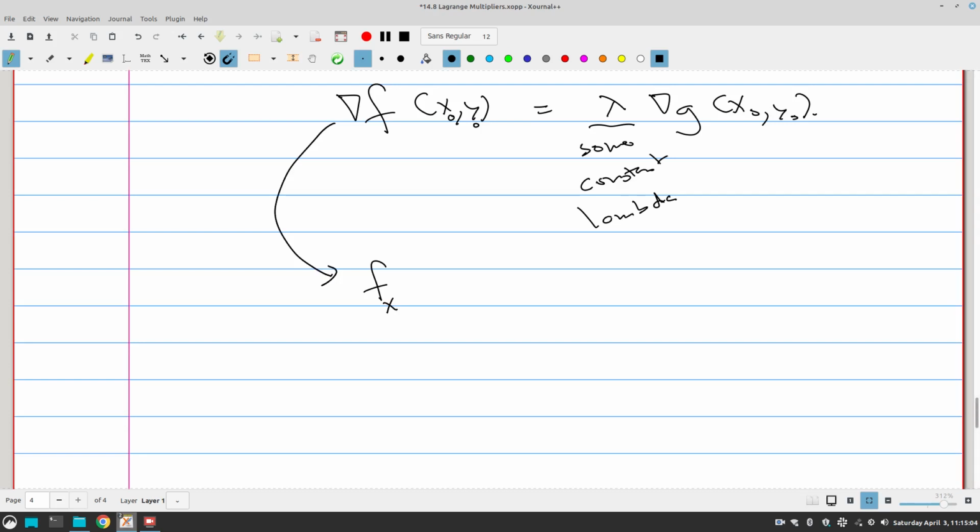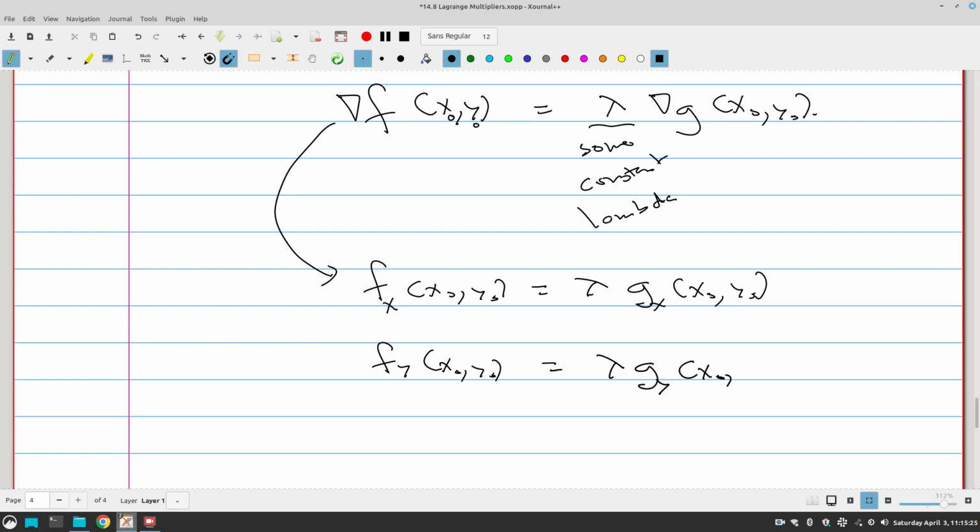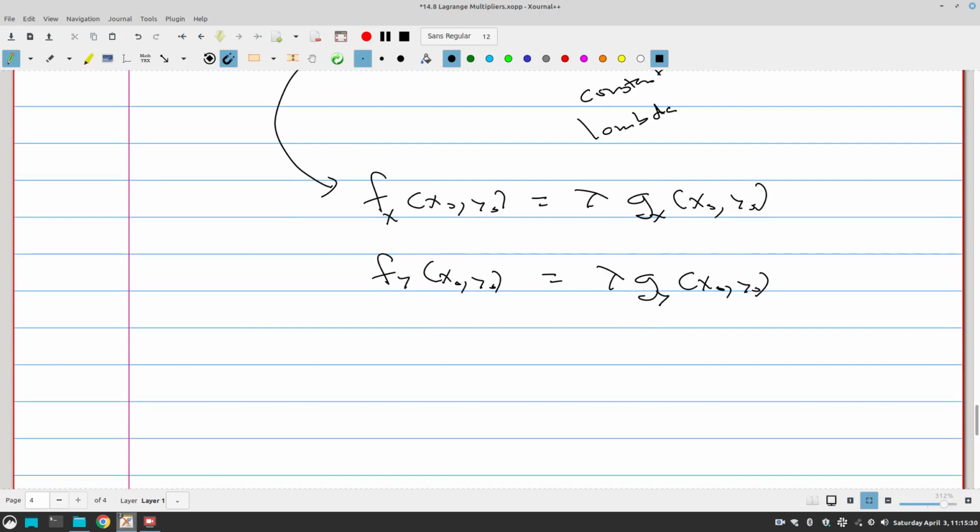So this is basically f sub x at x naught, y naught equals lambda g sub x at x naught, y naught, and f sub y at x naught, y naught equals lambda g sub y at x naught, y naught, and I have another constraint, of course, g of x naught, y naught equals k.